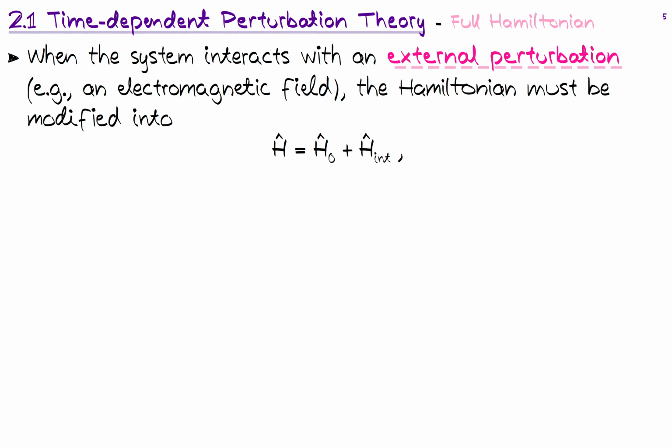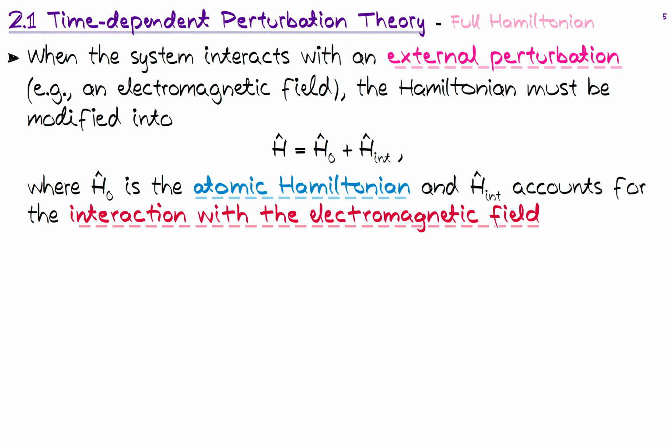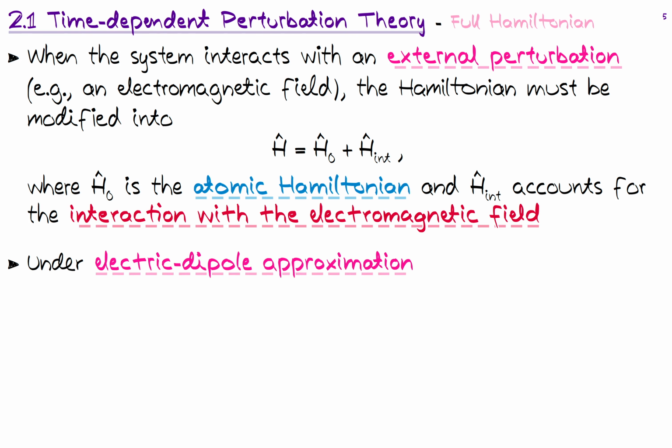So how the electron wave functions are being modified and how some kind of dynamics within the states is being created due to this interaction Hamiltonian. H naught is the atomic Hamiltonian. H hat interaction accounts for the interaction between the electromagnetic field and the electron we are considering.